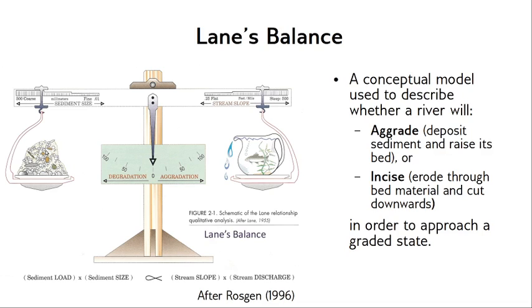Because if there's a stream that has more water than is needed to transport the available sediment, that water will start picking up sediment from the bed and will cause the river to incise. But as it picks up that sediment from the bed and removes it, it's causing the river to cut down, and therefore is eventually lowering the slope of the bed of the channel.